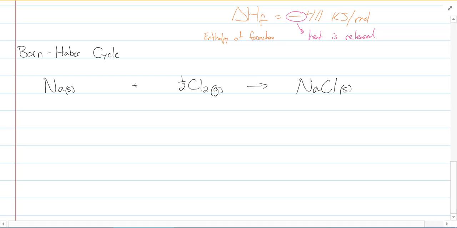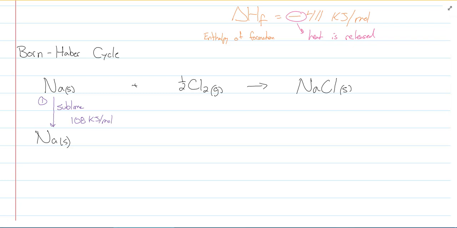So the very first step we have to do, step 1, is we have to sublime, have a solid go to a gas, sodium, which can be done. And that happens to be 108 kilojoules per mole of energy required to do that.